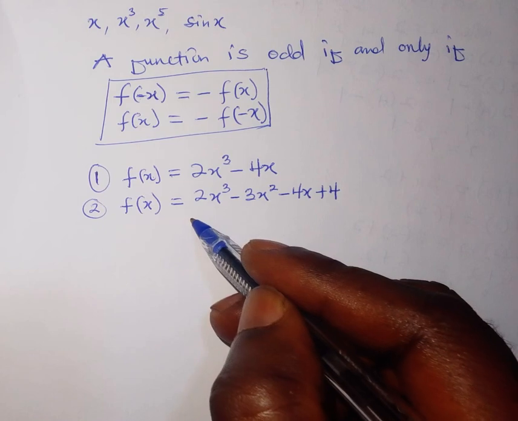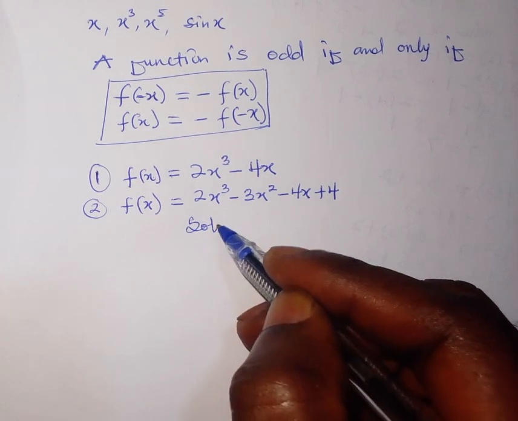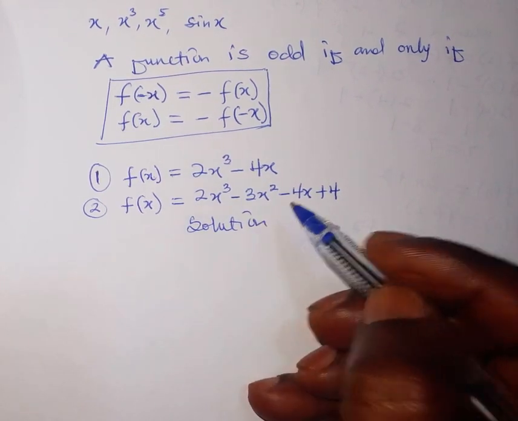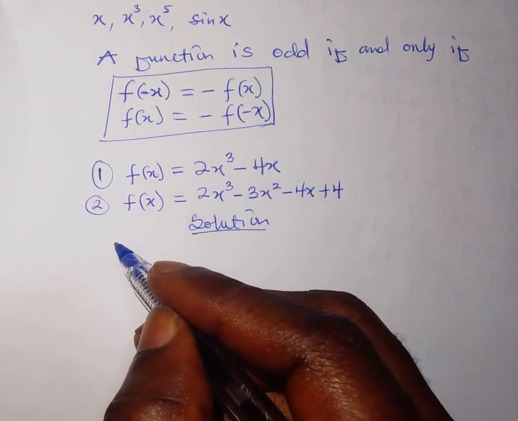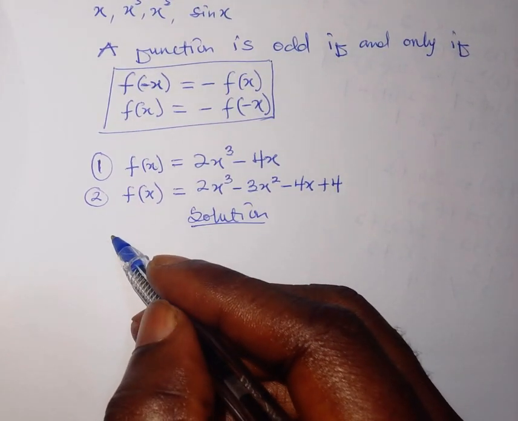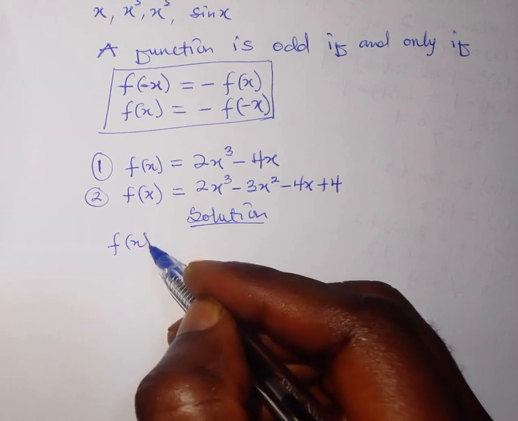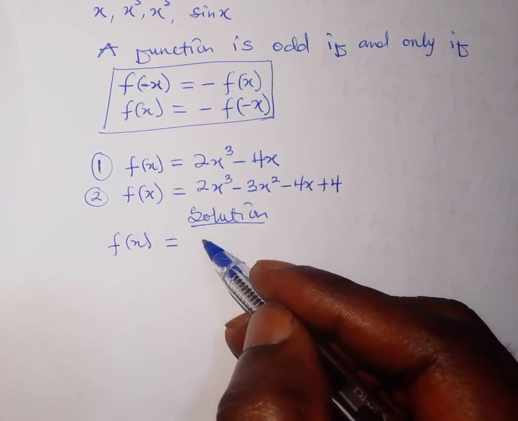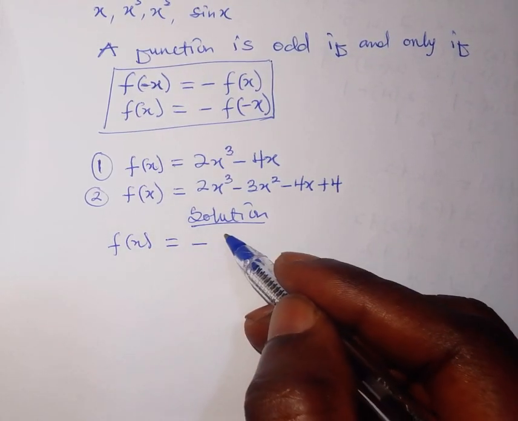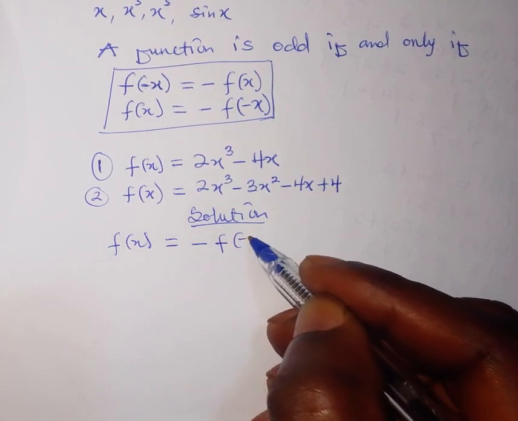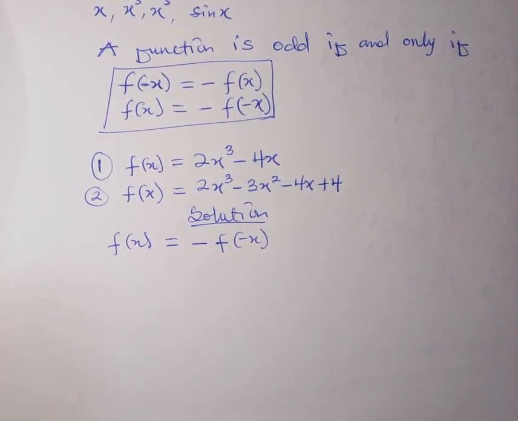So if I'm going to use the second one, then we are saying that for a function to be odd, f at x should be equal to negative f at negative x. Okay, good.